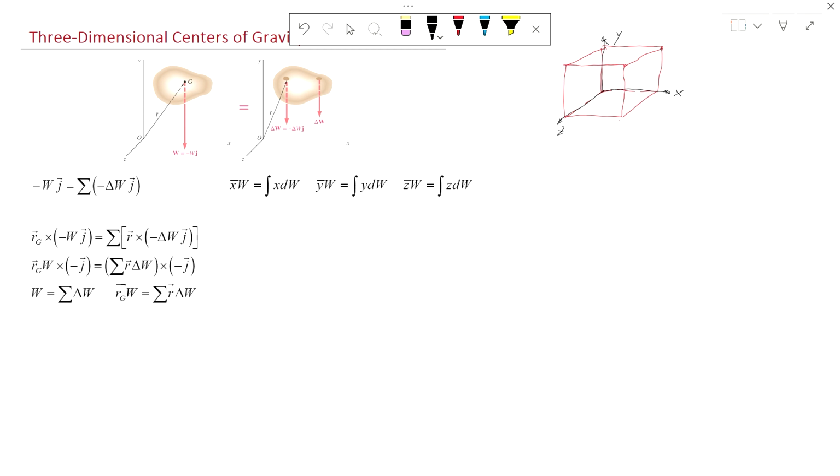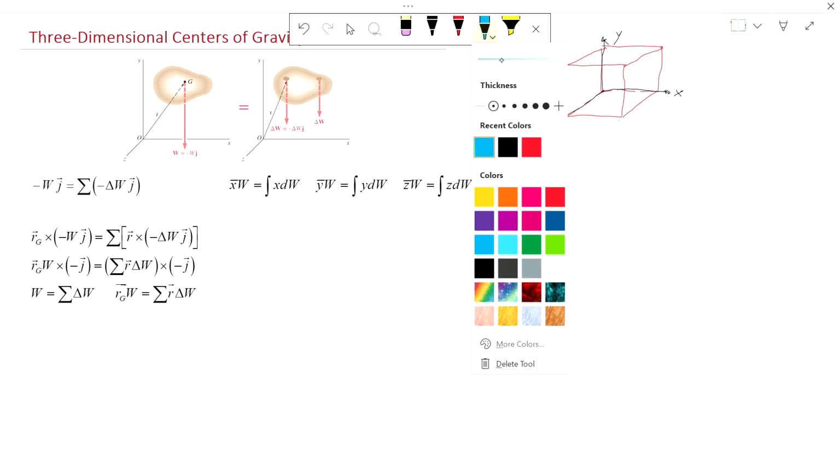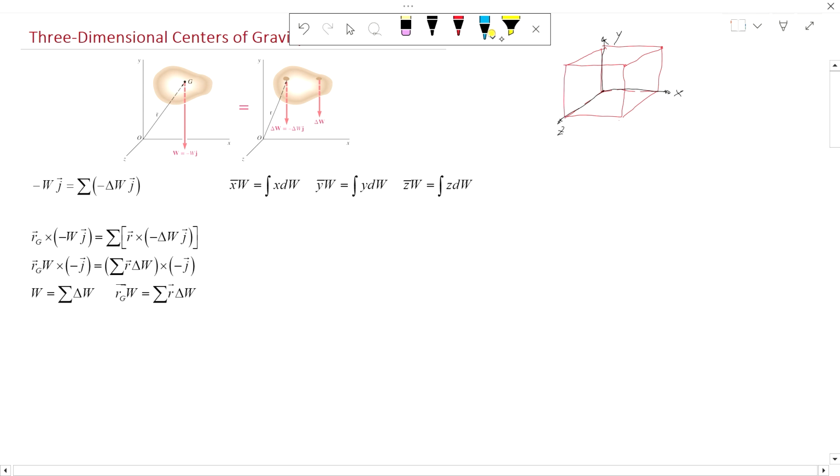In that case, the centroid of the geometry is going to have coordinates in x, y, and z. That is clear, and it's going to be somewhere around here.